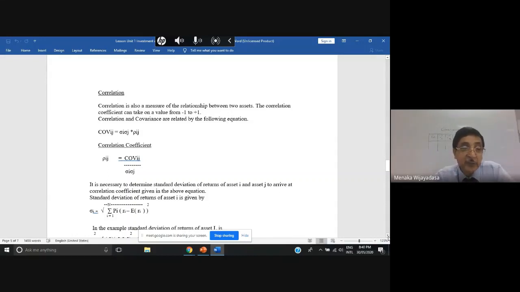Now, when you calculate the correlation, invariably you need to get the covariance calculated first.